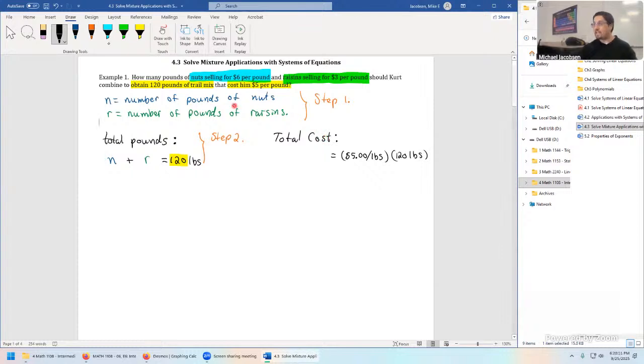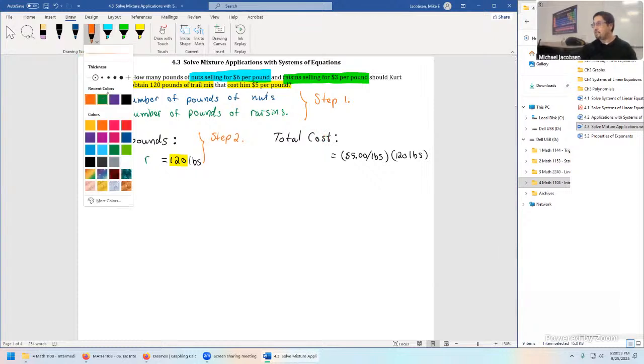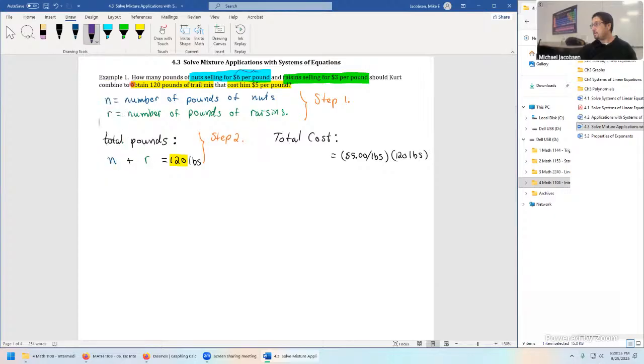And now we wonder, how do we get to that amount? This is where these two parts finally come into play. We still haven't used the fact that the nuts cost $6 per pound, nor the fact that the raisins cost $3 per pound. But now we can say N is going to be the number of pounds of nuts. So in the total cost, it's going to be 6 times N. Thinking about that, it's $6 per pound.